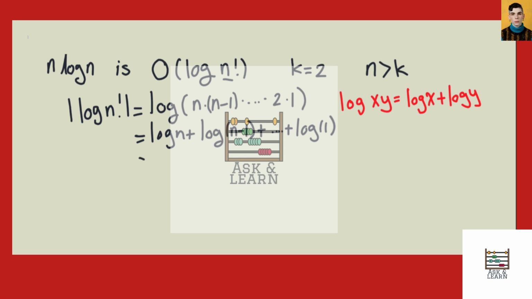All right, but this must be greater than or equal to log n plus log n minus 1 plus all the way just down to log of n over 2. So this is like half of the list, roughly.